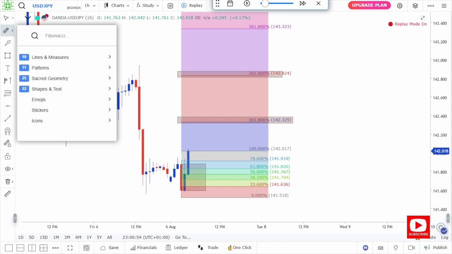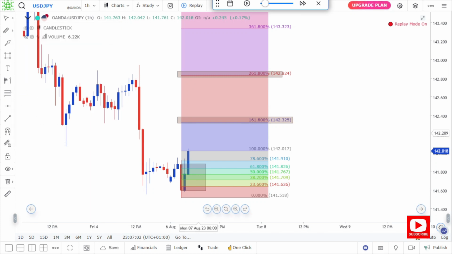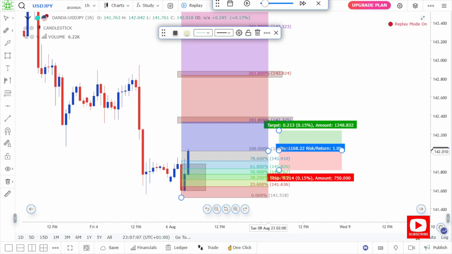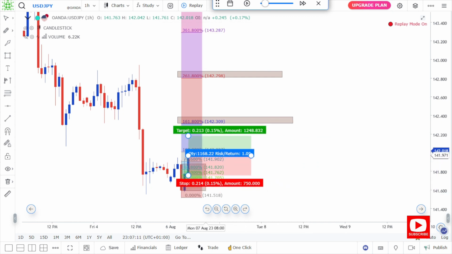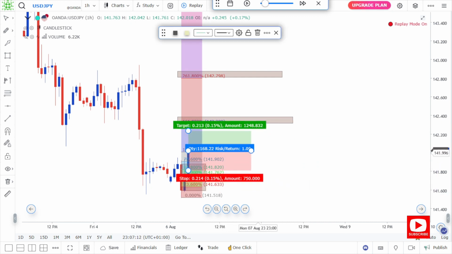We enter our buy position right at the close. Right at the closing of the candle, take profit 1.